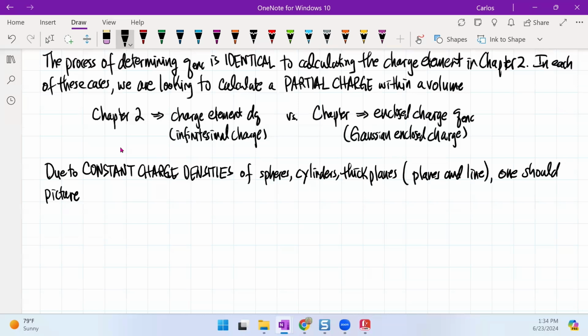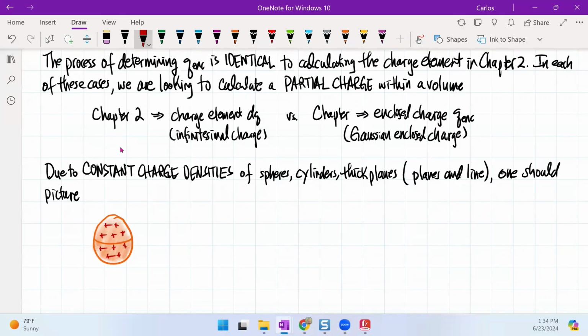So I imagine that I have a sphere. When I'm looking at this sphere, it's going to be uniformly charged. So I'm looking at these charges and saying, yep, I have a uniform charge distribution.